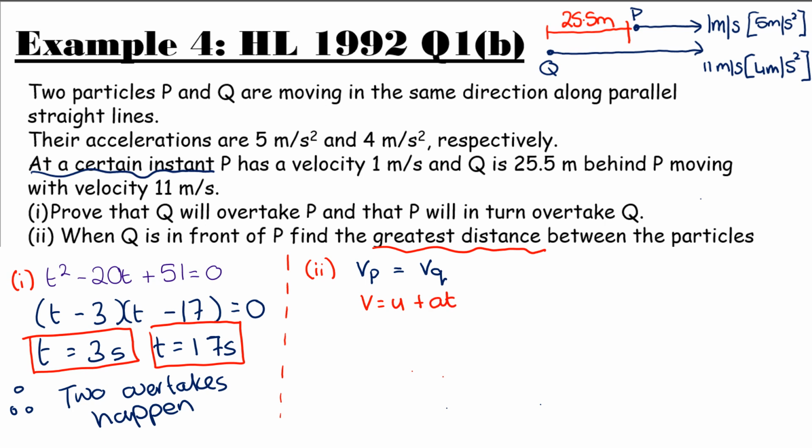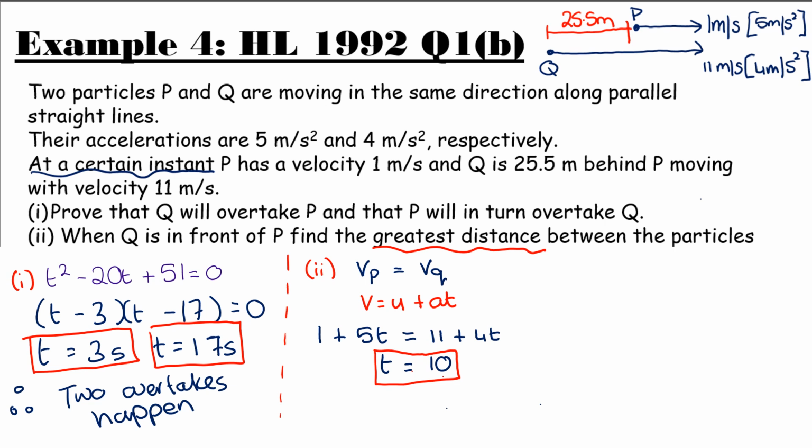It's a straightforward one to use, which means VP is going to be U, which is 1, plus A, which is 5, times T. For Q, it's going to be 11 plus 4 times T. That gives us T equals 10. So the greatest distance occurs when T equals 10.